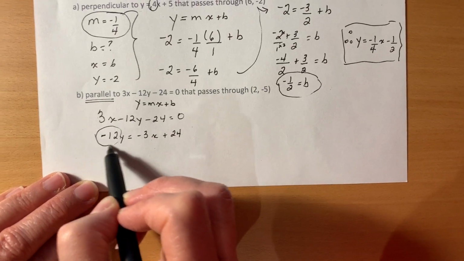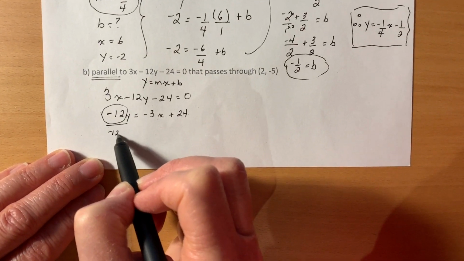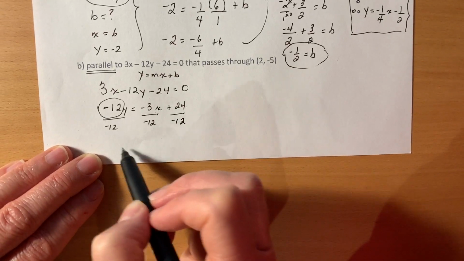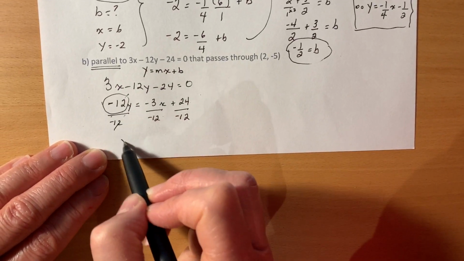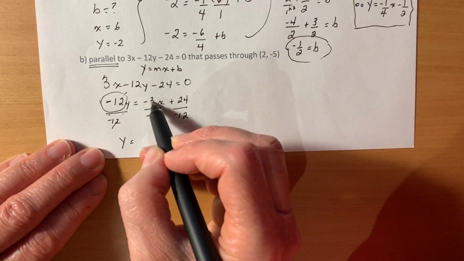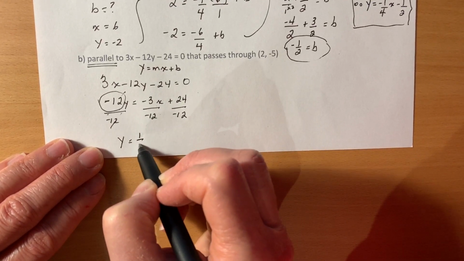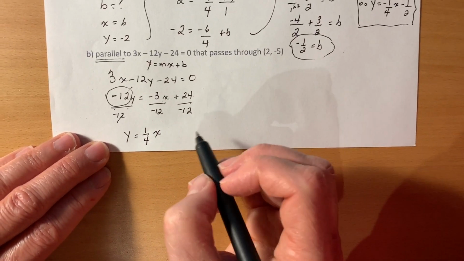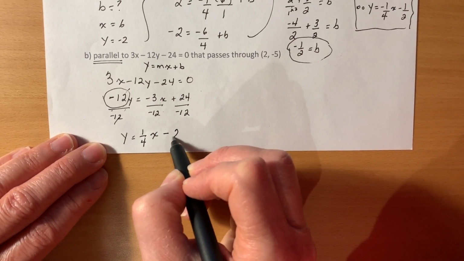I have to divide by the number in front of y, which is negative 12. Okay, now I reduce. 2 negatives become a positive. 3 over 12 reduces to 1 over 4. 24 divided by negative 12 is negative 2.